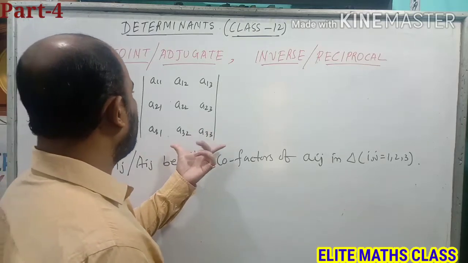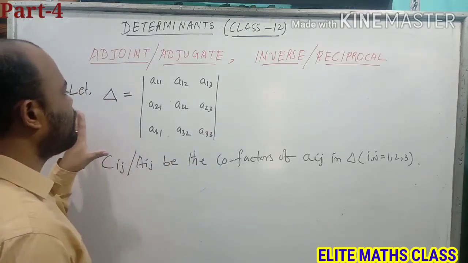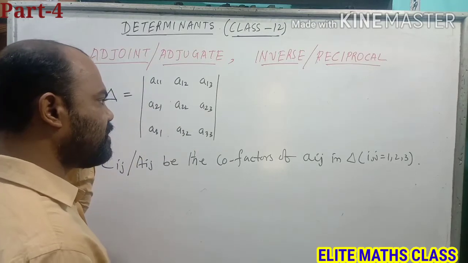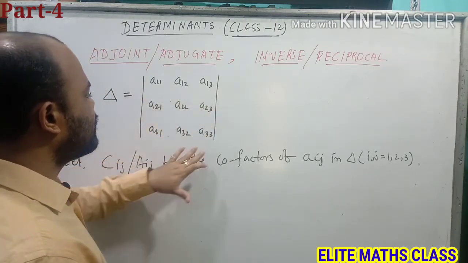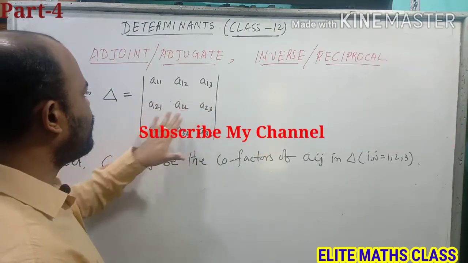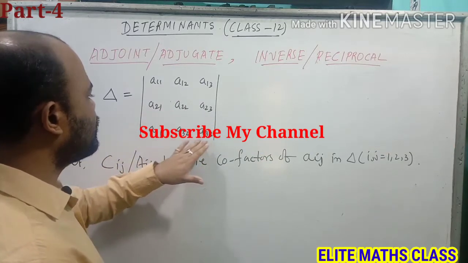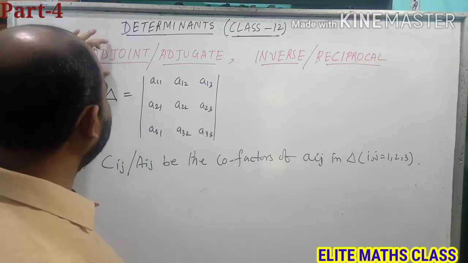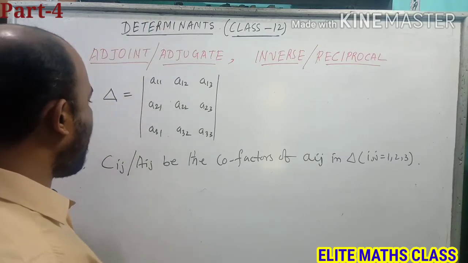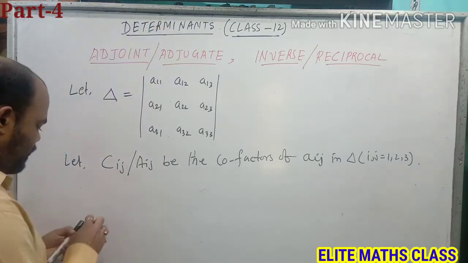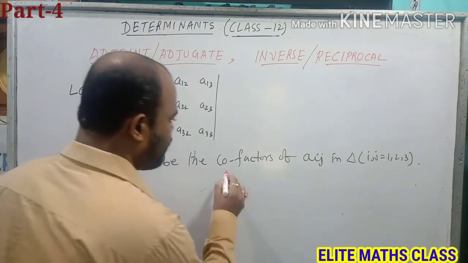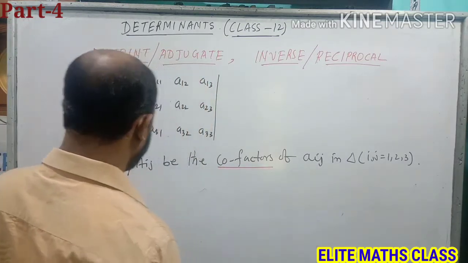Here let us take del, a given determinant. I am starting with a 3/3 determinant. This is the given determinant: a11, a12, a13, a21, a22, a23, a31, a32, a33. Now what is adjoint or adjugate? For that, first we have to know what is a cofactor. It is already defined in my previous video, so you go through the links.